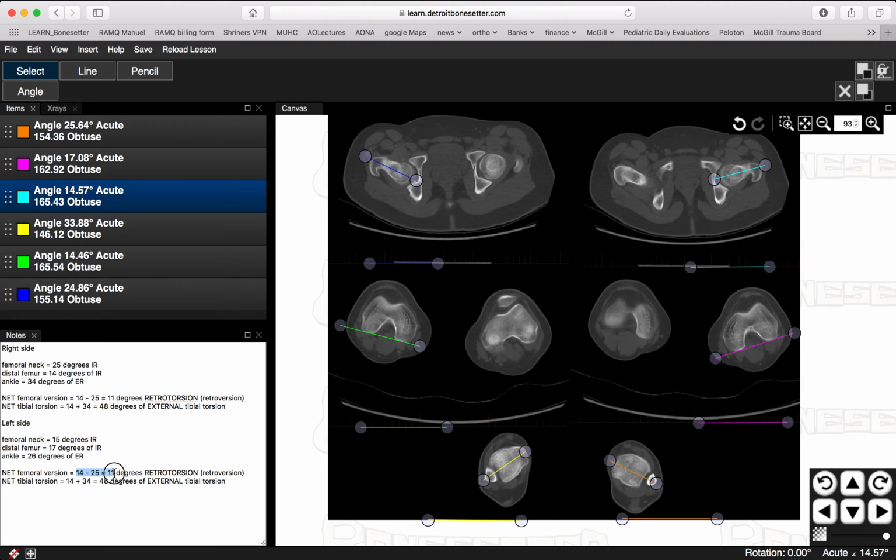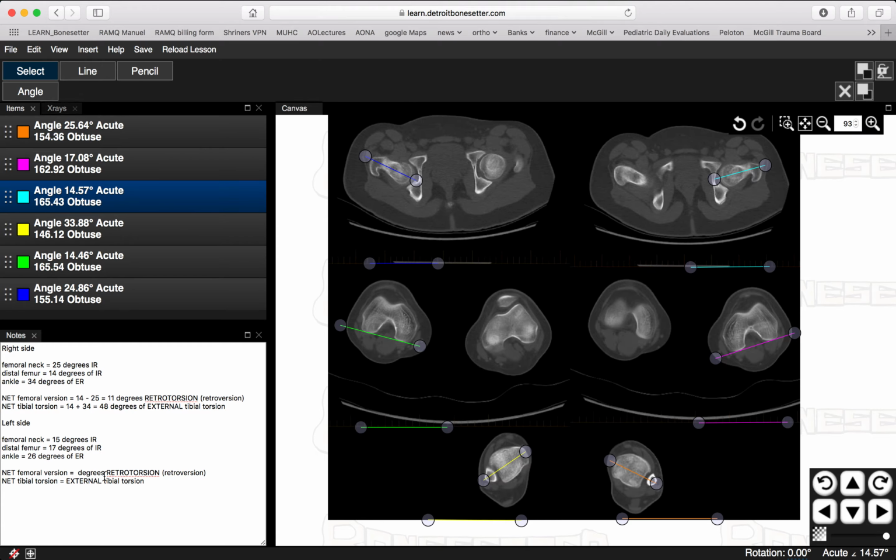So I'll just delete this, not to confuse anyone. So for the left side, we're going to rotate the purple, the femoral condyle, flat to have it make sense in your brain, or at least in my brain. So in order to do that, you'd have to externally rotate 17 degrees. The femoral neck is at 15.